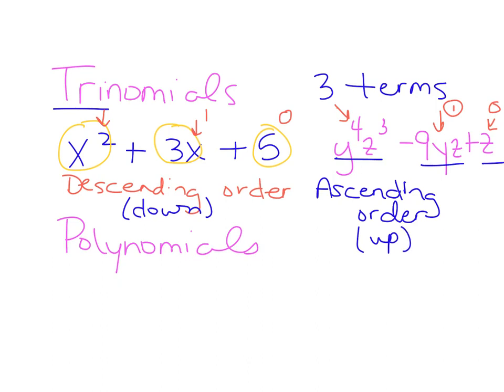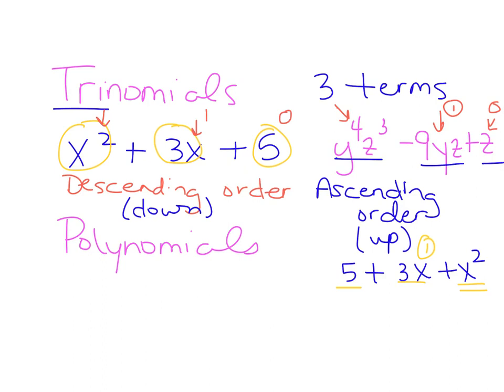If I look at that first trinomial, x squared plus 3x plus 5, and I wanted it in ascending order according to x, I would write it as 5 plus 3x plus x squared. Because in the first term there are no x's, in the second term the power on the x is a 1, and on the last term the power of the x is 2. So 0, 1, 2, ascending.